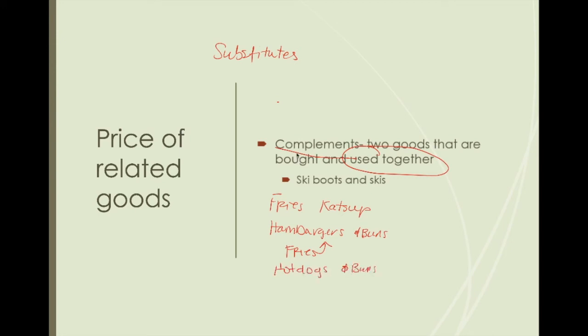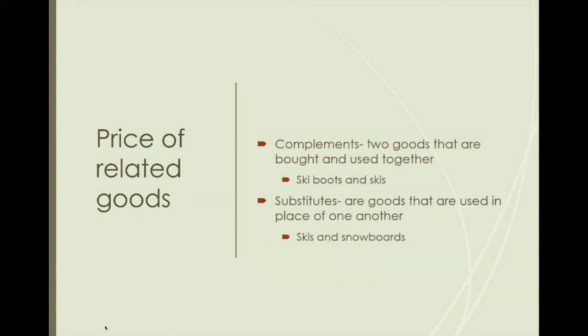Basically, if they're goods that are usually consumed together, then if the price of one goes up, then not only is the demand for that product going to decrease because of the basic law of demand, but then you're going to have a side effect happening with the complement good that is also going to decrease the demand of it.